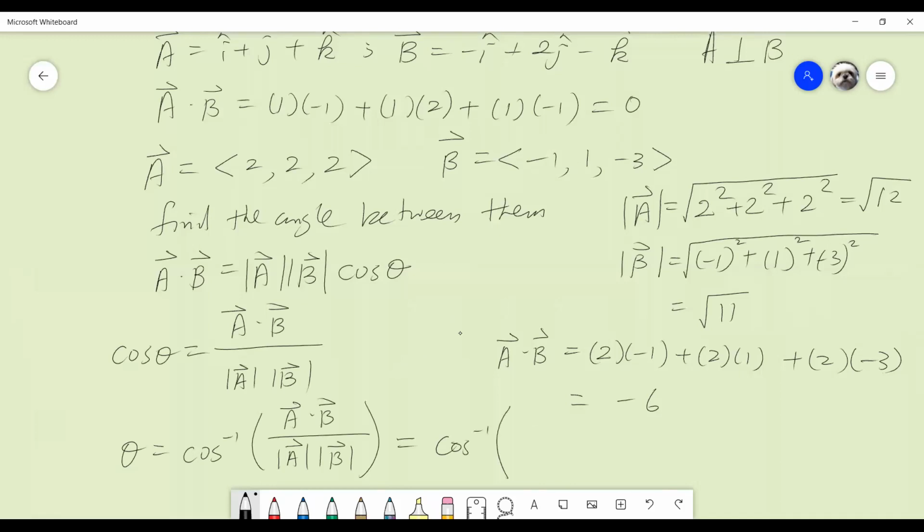A dot B is negative 6, and then I have square root 11 times square root 12, right? So if I'm doing a calculation, I take the square root of 11 times the square root of 12, take the reciprocal, multiply by negative 6, and then take the inverse cosine.